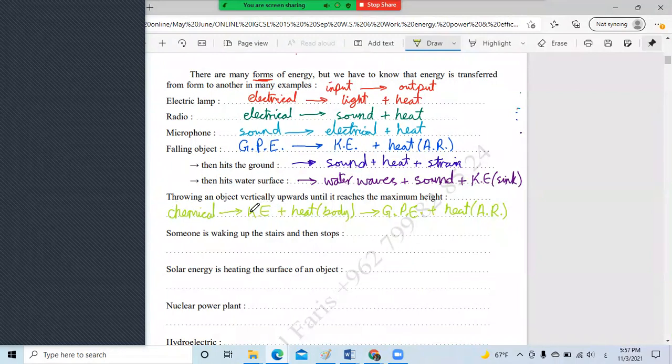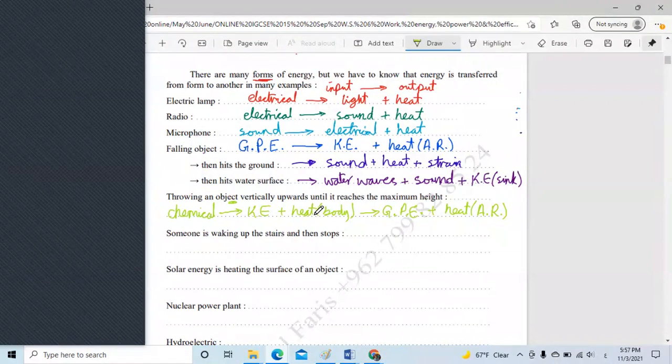You throw it, it becomes kinetic energy. We don't know the characteristics of this object. There's also some heat inside your body, that's why you are warmer. By the way, approximately 15% of your energy you are using, and the rest is wasted inside your body. You are heating your body.